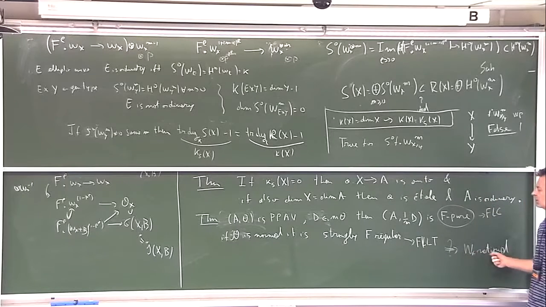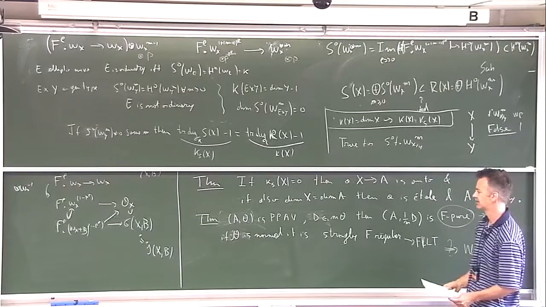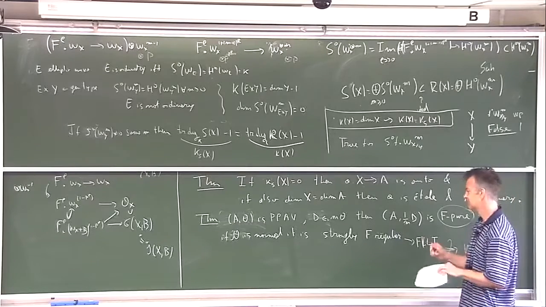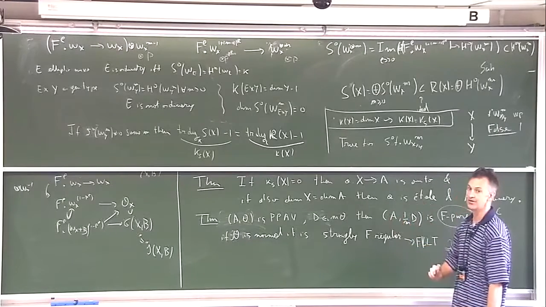This is something you want to know if you're trying to count the number of rational points on a singular variety. So it should have some nice almost number theoretic applications.